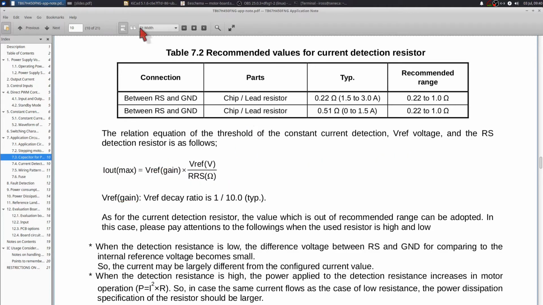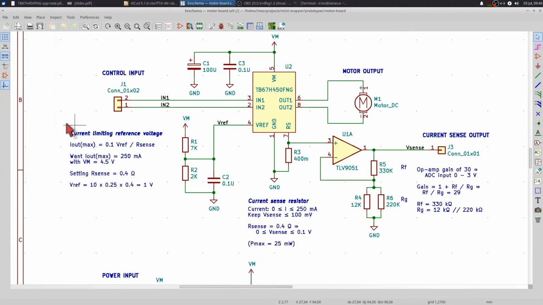If we go back to the schematic and we look over here, we've got this formula from the application note. We say we want 250 milliamps of maximum current. We know what the sense resistor value is, and we've got 1 volt. We know that the supply voltage for the motor is 4.5 volts.